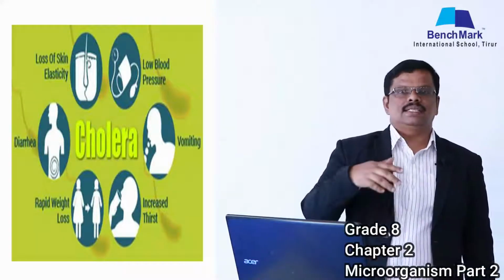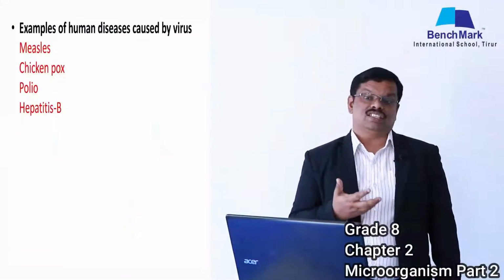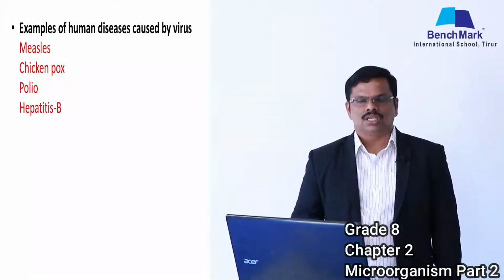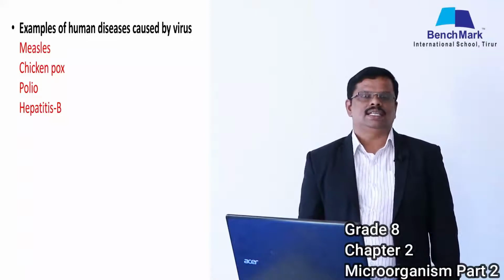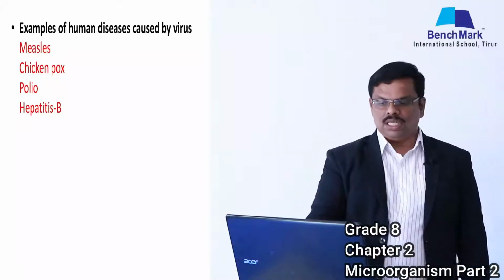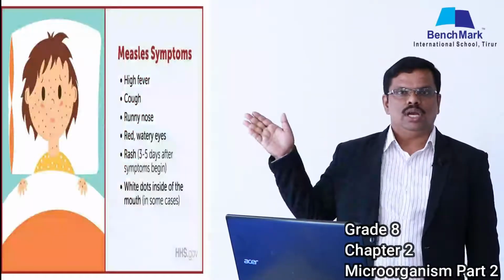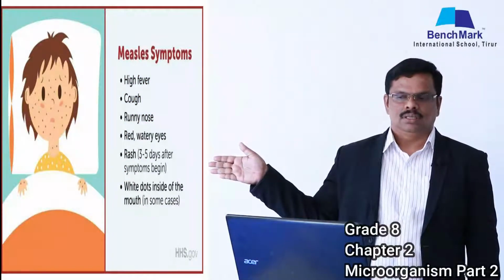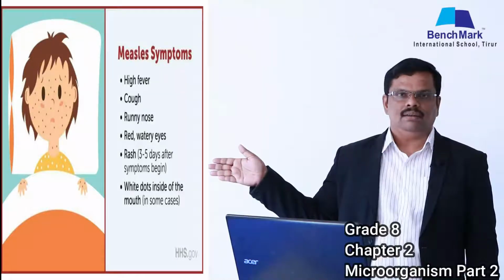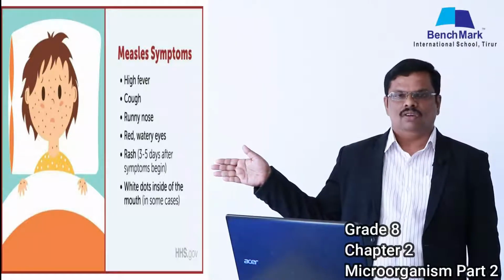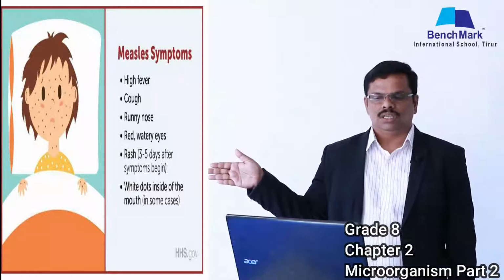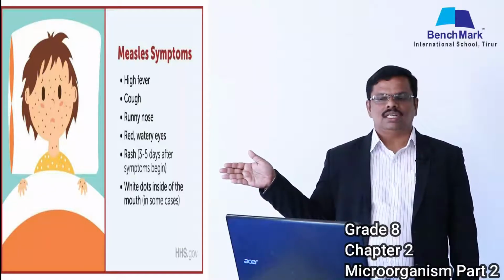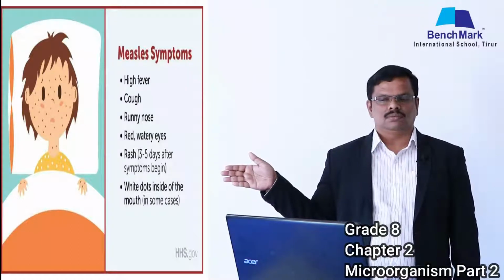Now, let us see some examples of human diseases caused by virus. Measles, chickenpox, polio, hepatitis B. We are going to look at the slides one by one. Look at this slide, children. Measles. See what are the symptoms written on the slide? High fever, cough, runny nose, red watery eyes, rashes, white dots inside the mouth in some cases.